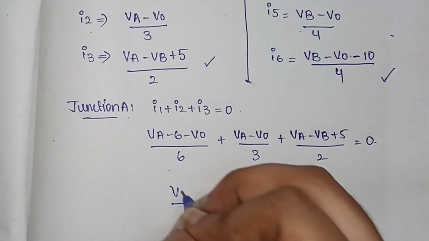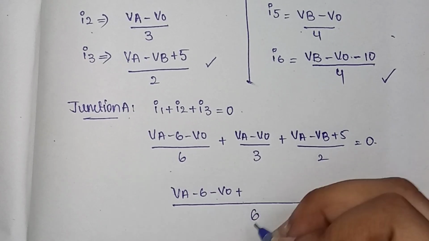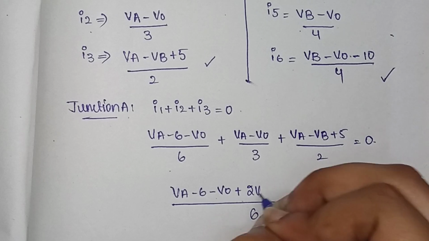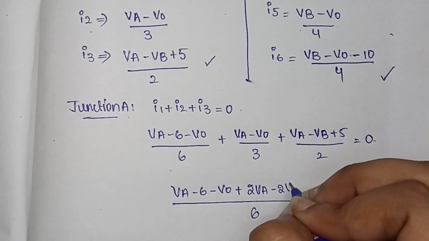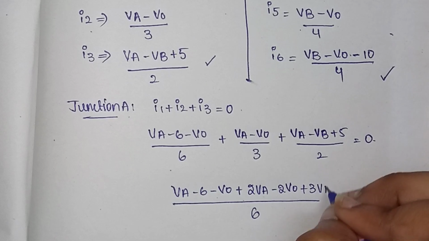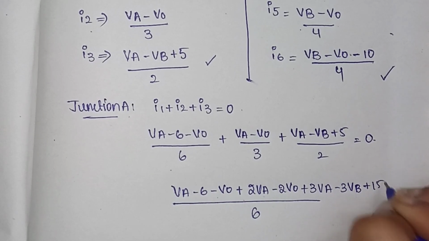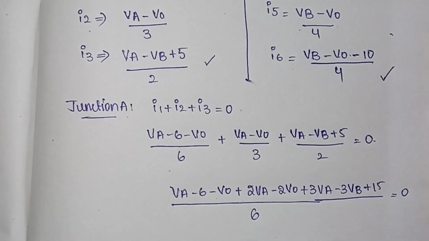So now what will happen? VA minus 6 minus V0, plus 3 2s are 6, so 2VA minus 2V0, and 2 3s are 6, plus 3VA minus 3VB plus 15 will be equal to 0.